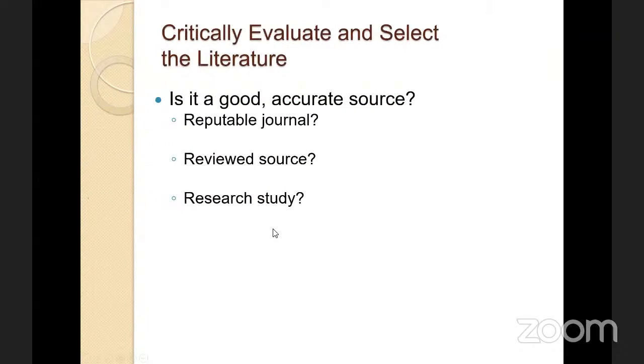You need to think about evaluating literature. Is it in a good journal? Has it been reviewed by two or more other people? Is it actually a research study that was done? For example, usually an opinion piece is obviously of much lower quality than a research study.